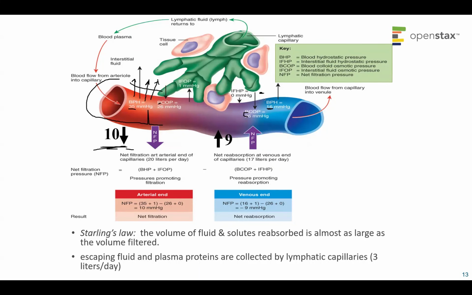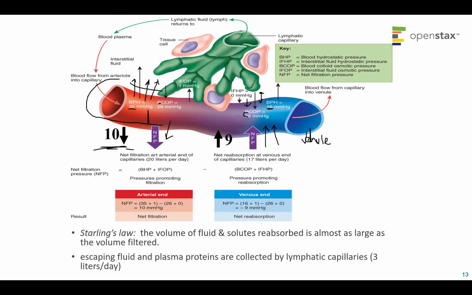Therefore, the material will be entering into the venule side. So this is the venule side. Okay, so the materials, especially the waste material, will be entering here, where the nutrient will be out from this side.